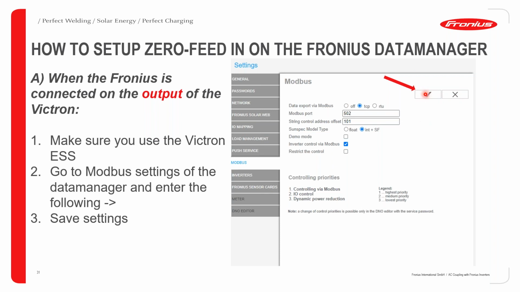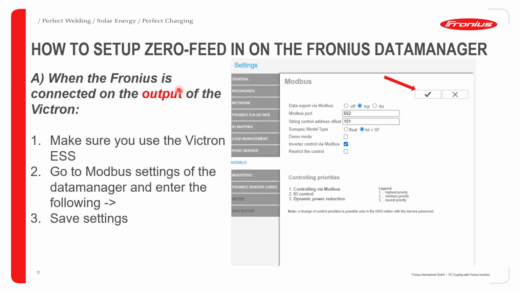If you don't do this, then these settings would not be acknowledged by the system, and you won't be able to achieve zero feeding. This is very, very important because there are countries and regions where zero feeding is the order of the day, meaning that you are not allowed to feed into the grid.